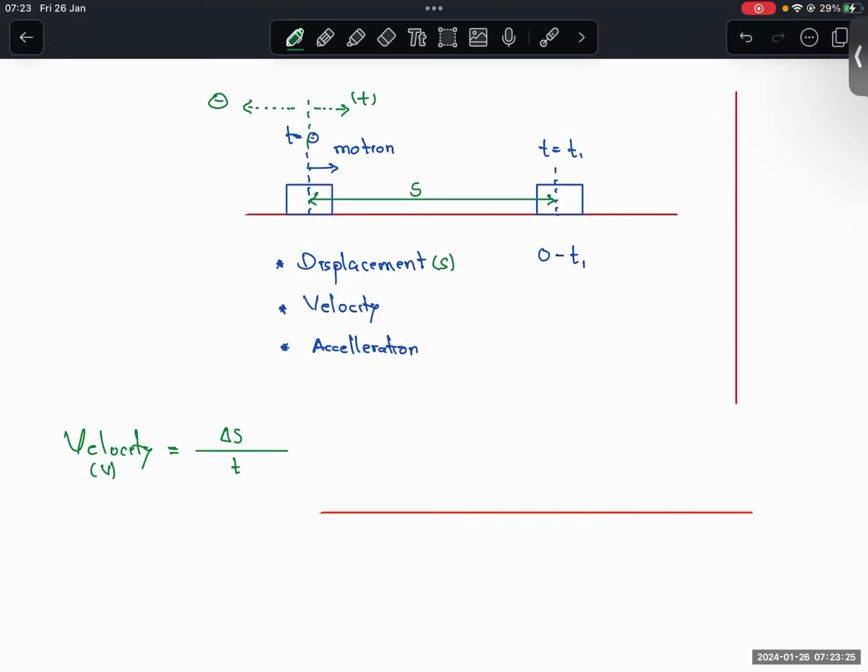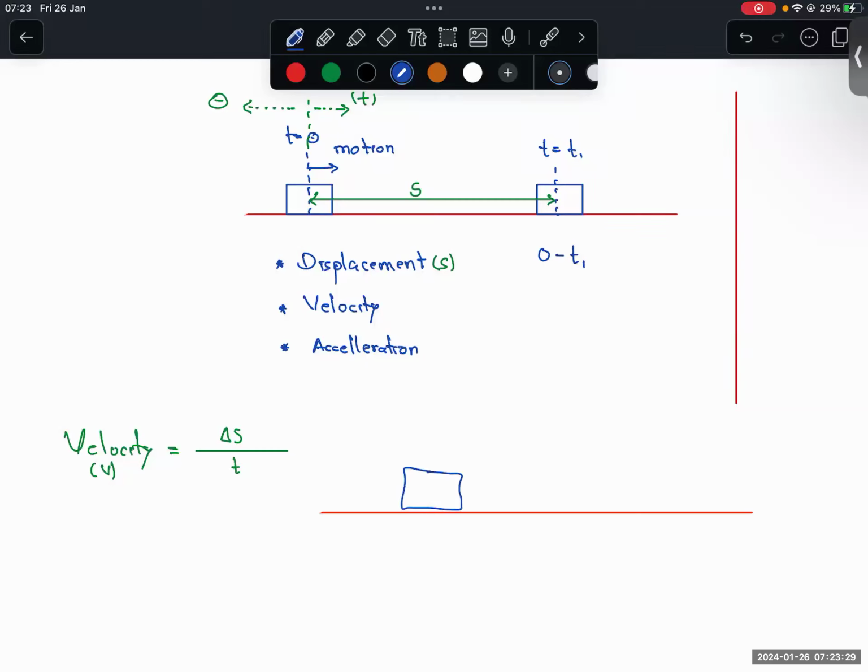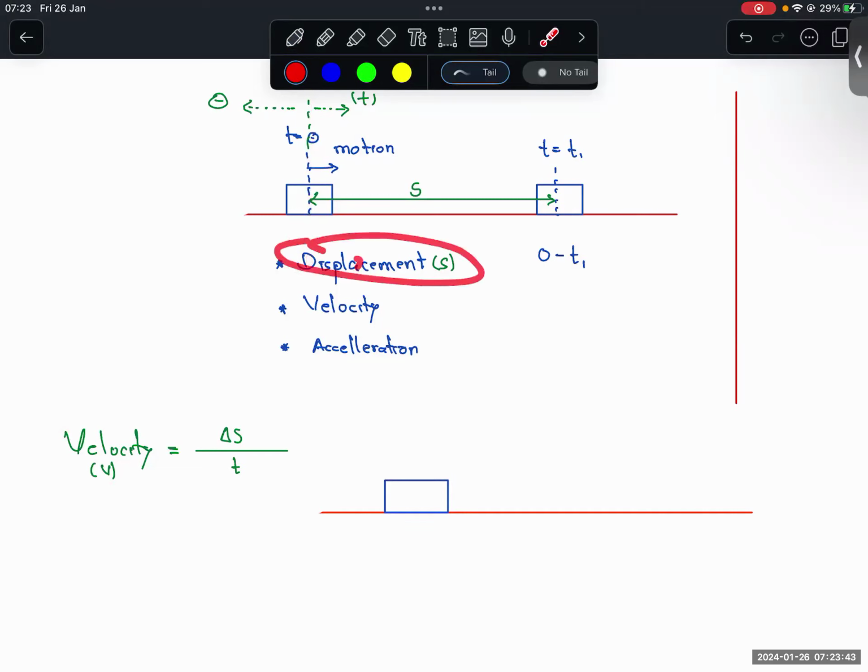Let me take an example. An object is like this now. You have to forget about the origin. The origin is important only for the displacement. When it comes to velocity, it is just the direction.